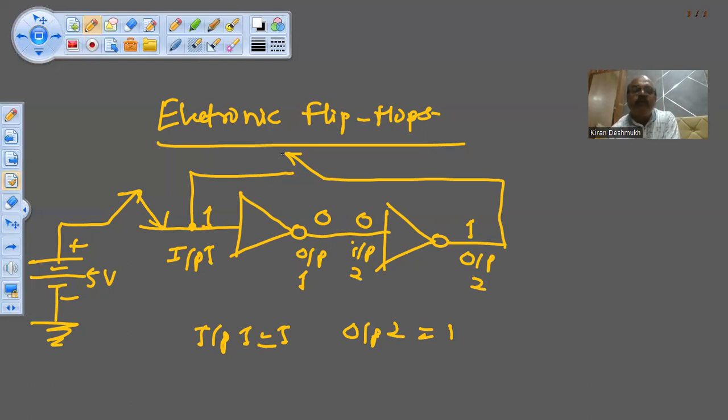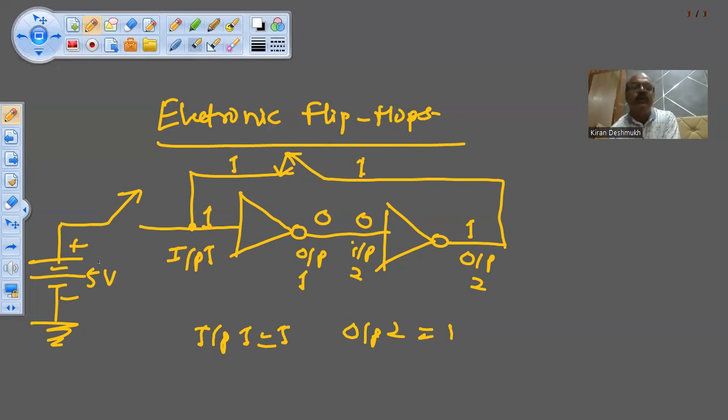Now, if I connect this switch here like this, and if I open it, this one is transferred from output to the input. So it will remain 1. The input will remain 1.